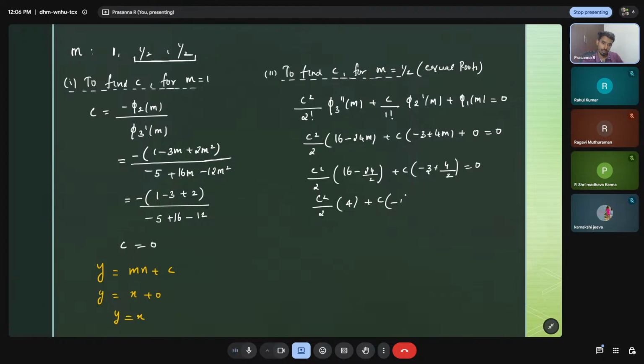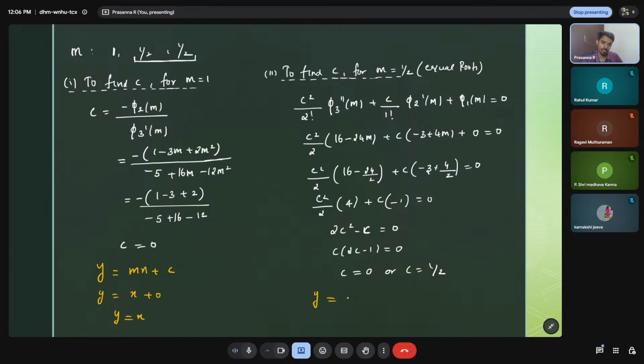So this will be minus 1 equal to 0. So 2c square minus c is 0. So that means c is 0 or c is equal to 1 by 2. So when m is 1 by 2, c takes either 0 or 1 by 2.